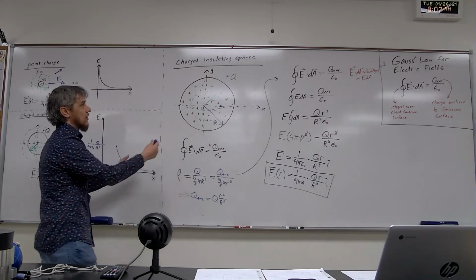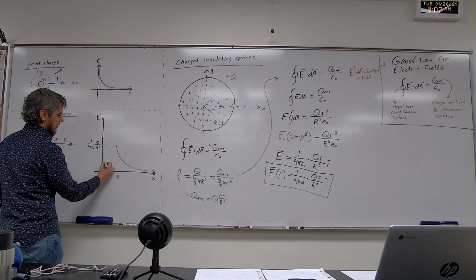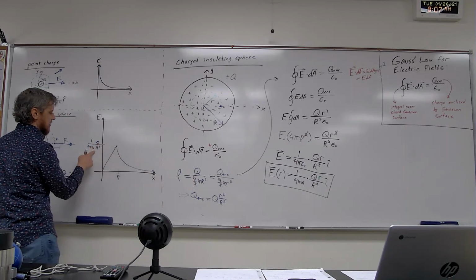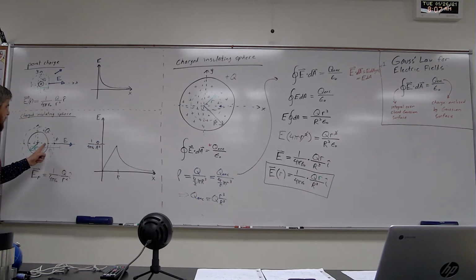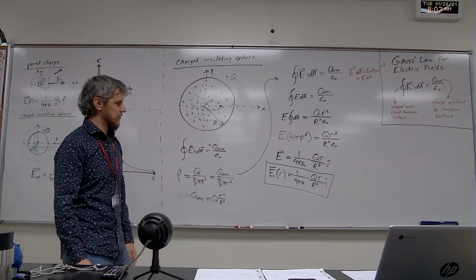So for an actual charged insulating sphere, we start with an electric field of 0, and it climbs linearly until we get to this point, where our electric field right at the surface is given by this equation: 1 over 4 pi epsilon naught times Q over big R squared. That's this equation, but evaluated at the actual radius of the insulating sphere. And then it falls off according to the inverse square law.